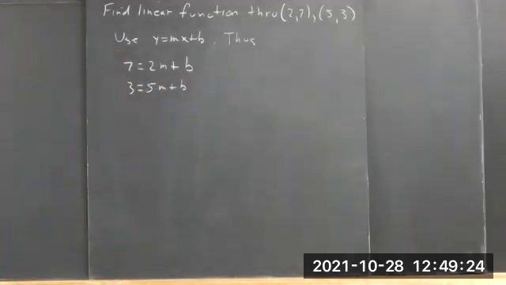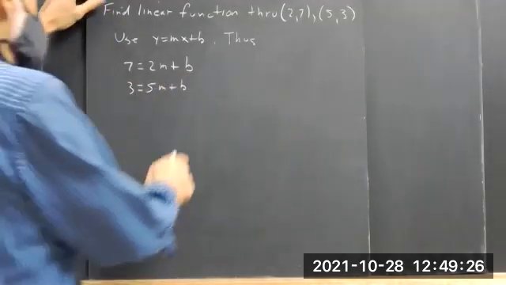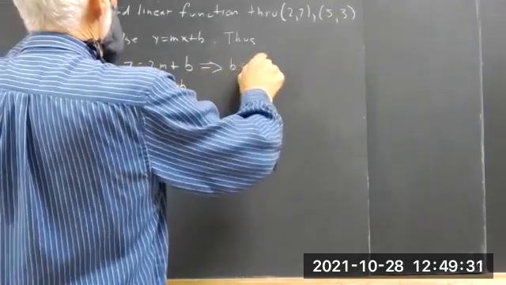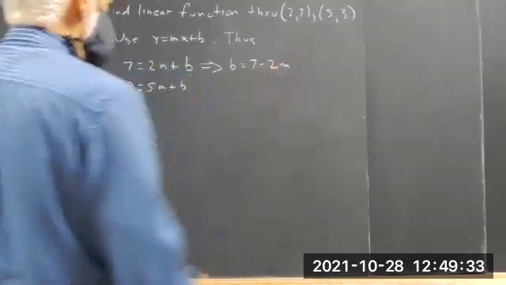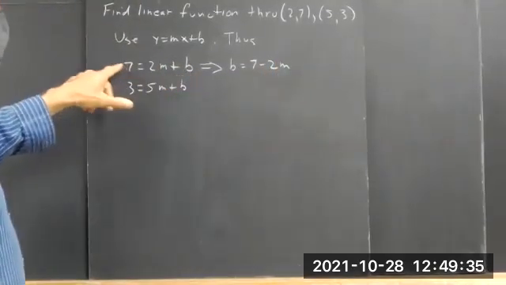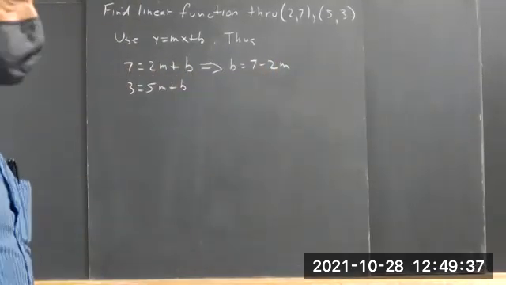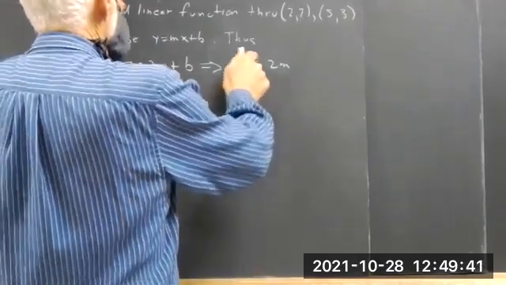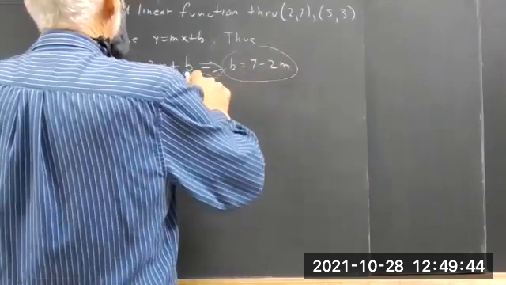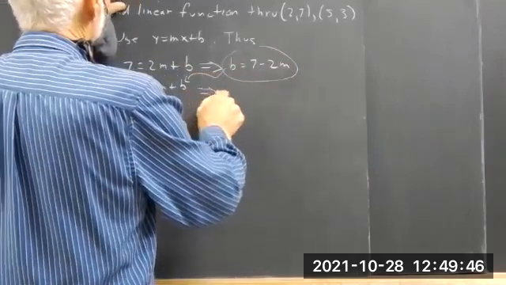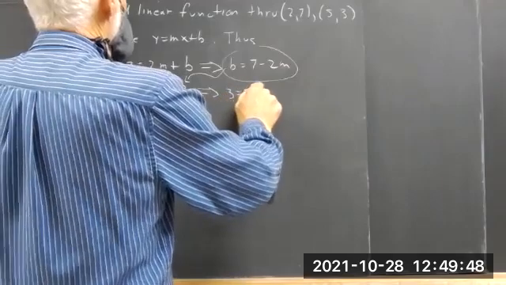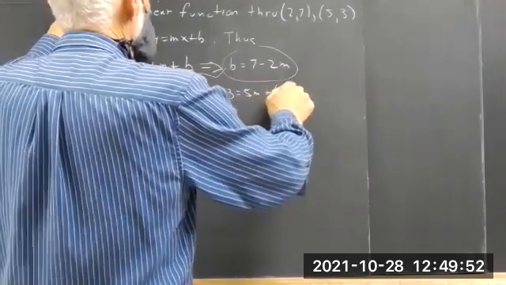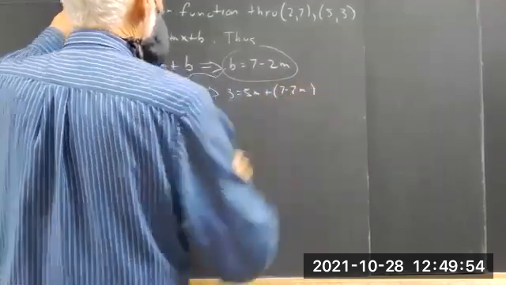And you get this. Now, from this equation, you solve for b, and b is going to be 7 minus 2m. Then in this equation, plugging this in for b here gives you 3 equals 5m plus 7 minus 2m.